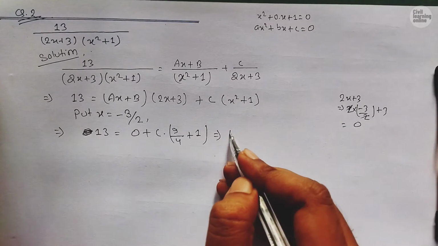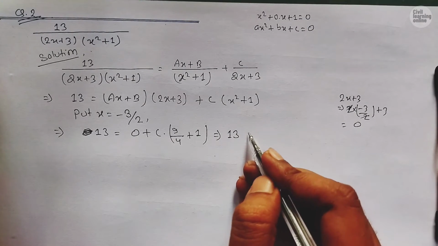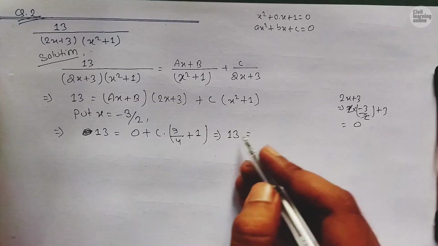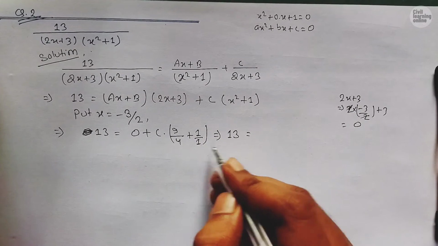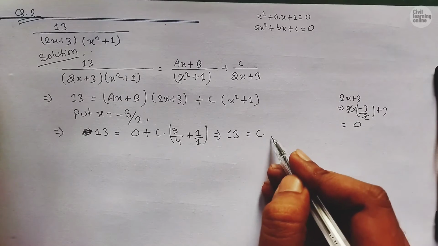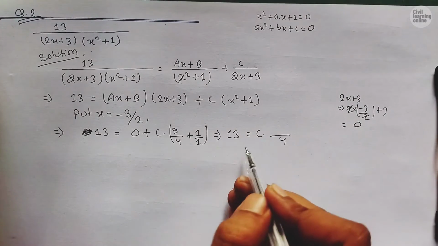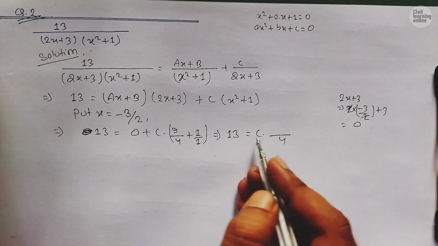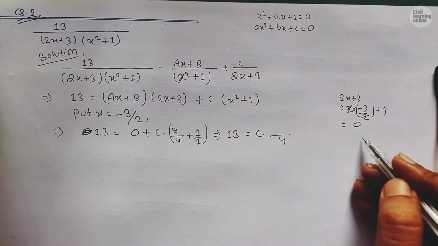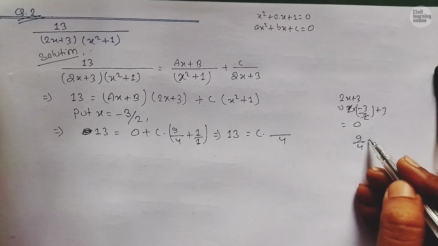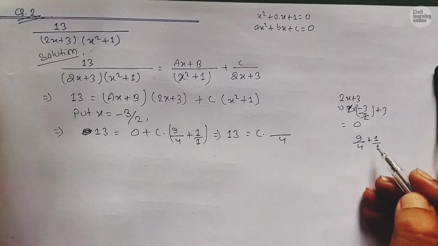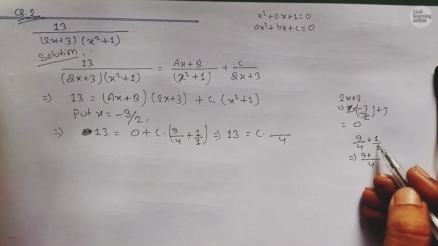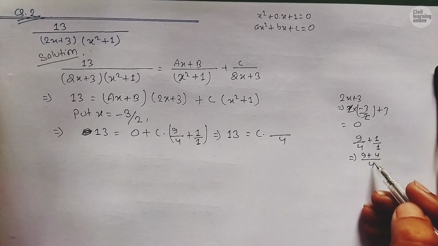So on solving further, we will have 13 equals to c times 9 by 4 plus 1 means 9 plus 4, and here nothing means 1. So LCM will be 4 on taking LCM of both. Let me show you this in rough. So we have 1 upon 1, and we take LCM. So LCM is 4, and 9 plus this 1 four times will be 4.